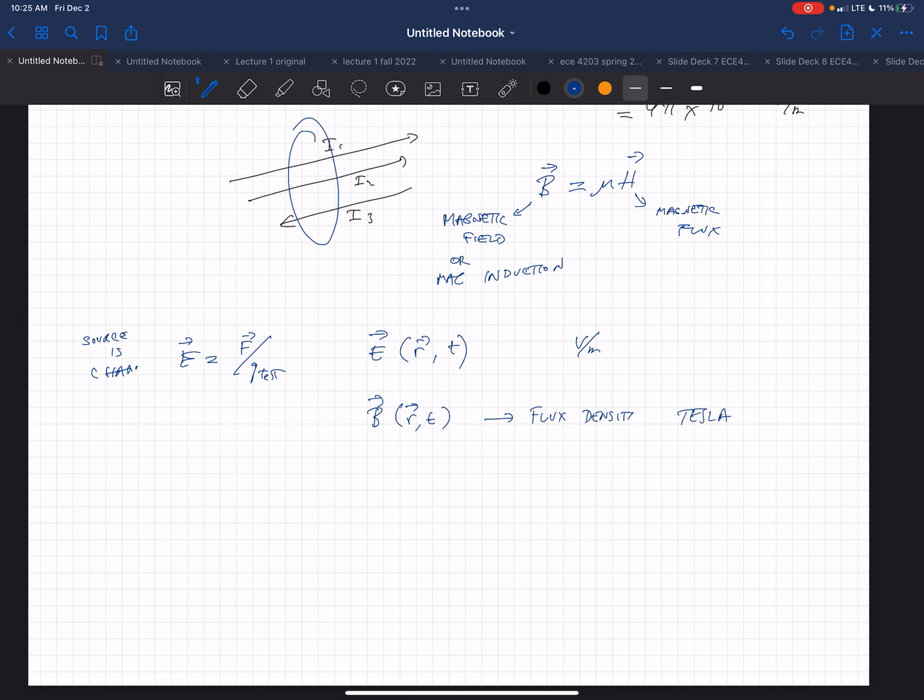And H is also a function of position and time, and this is called the H field. This is in amps per meter. The source of this guy is charge. The source of these guys is current.